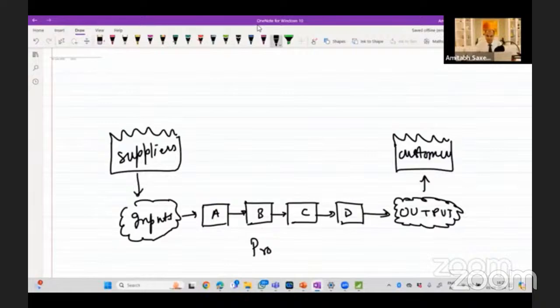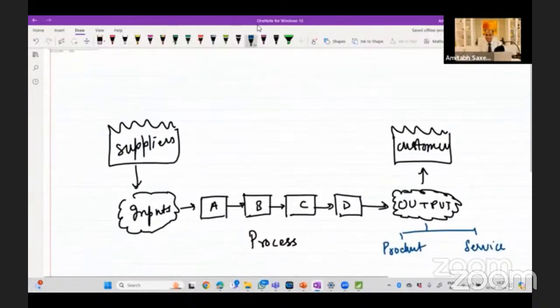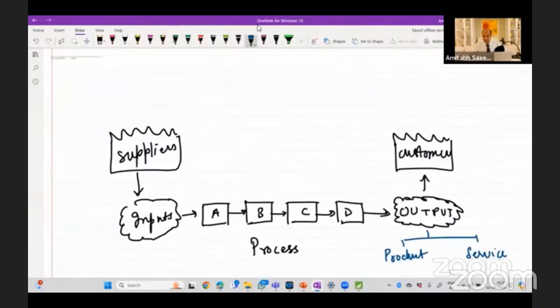So this is the process. Through a series of process steps, we are creating an output. The output could be either a product or a service. There is no third type of output.